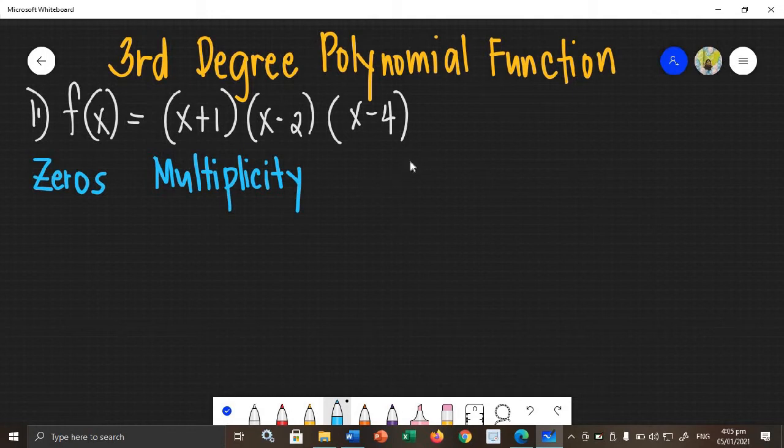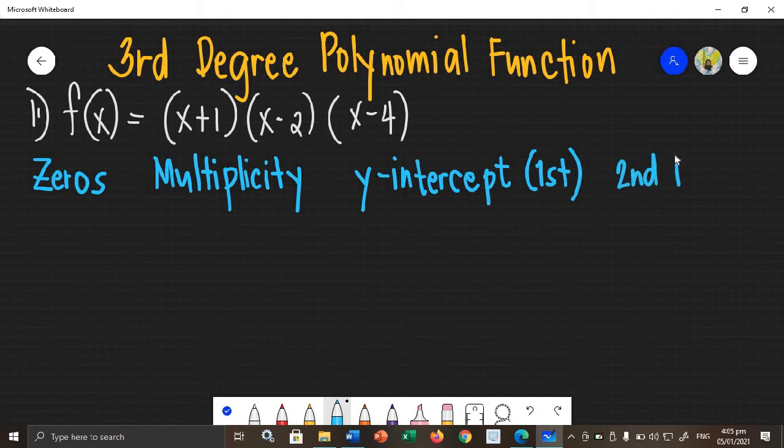And then the Y-intercept, which is the first turning point of the graph. Okay, yung Y-intercept, siya yung unang turning point ng graph. And then we will also look for the second turning point.